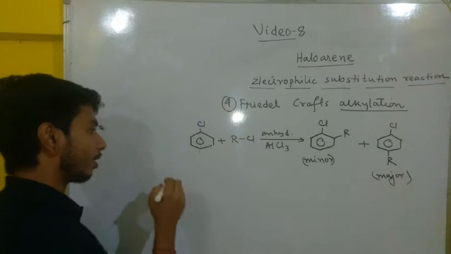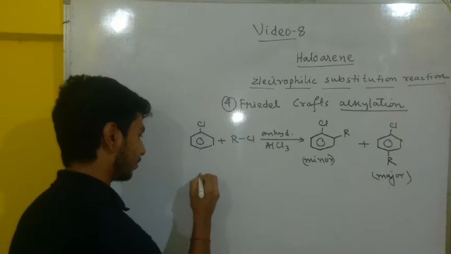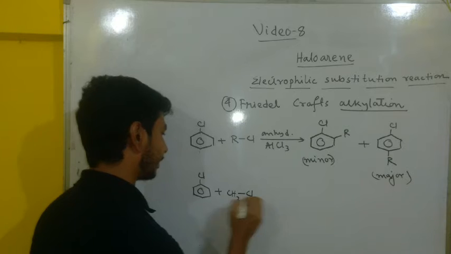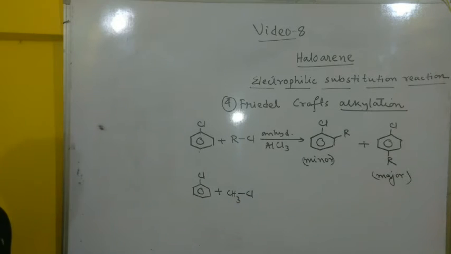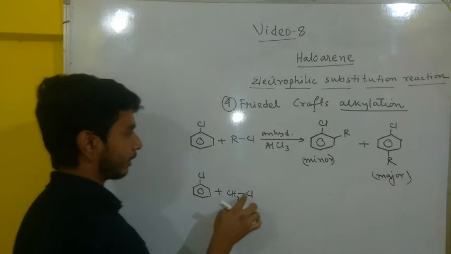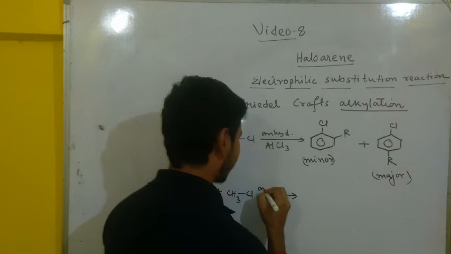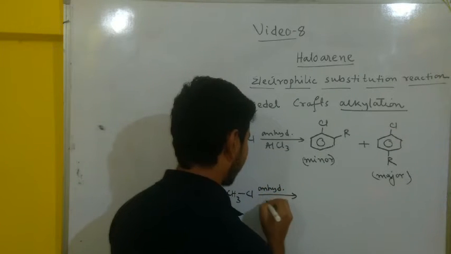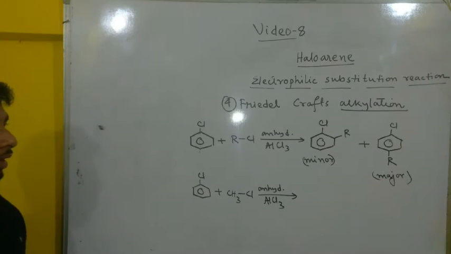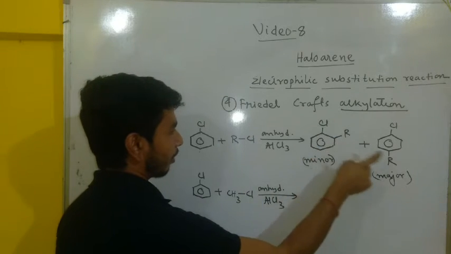For example, chlorobenzene upon treatment with CH3Cl, RCl, so alkyl group is methyl group, in presence of anhydrous AlCl3. The product will have an alkyl group in the ortho and para position.